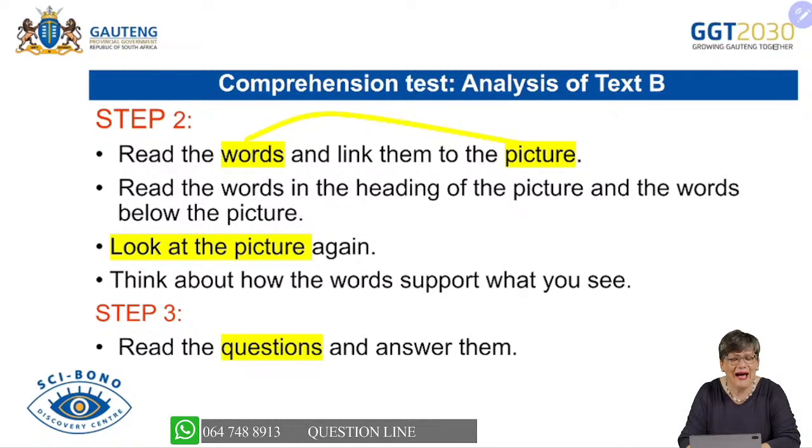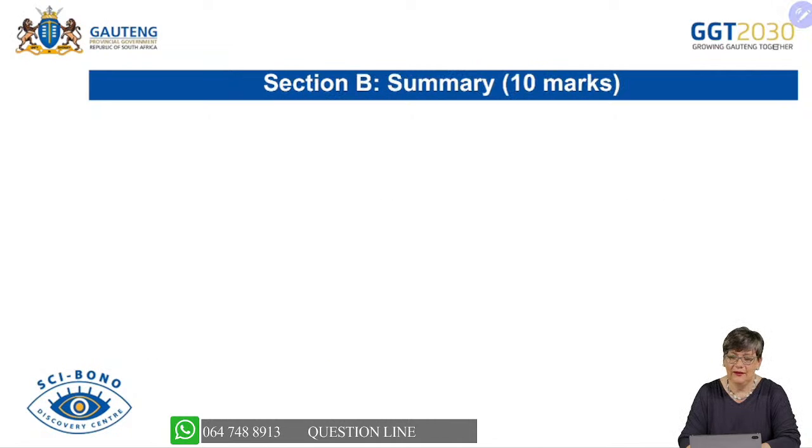You have to analyze them. Now, by now you should have done question 1, the comprehension. Let's move over to the summary. And as I said before, a summary is the easiest part of your paper, and you can easily score 10 marks. Just follow the instructions. So let's look at them.